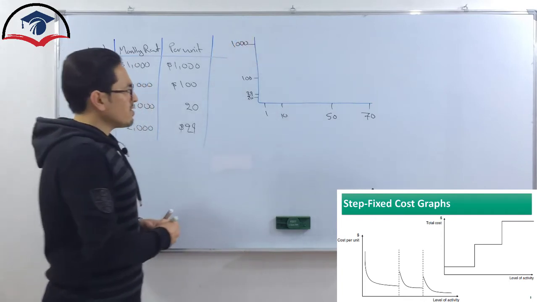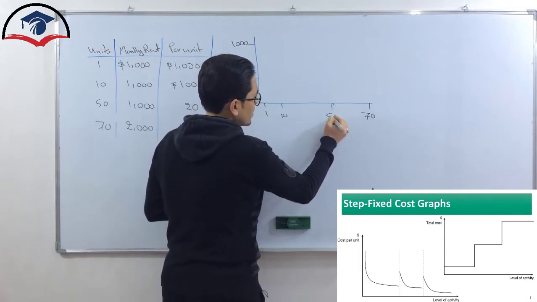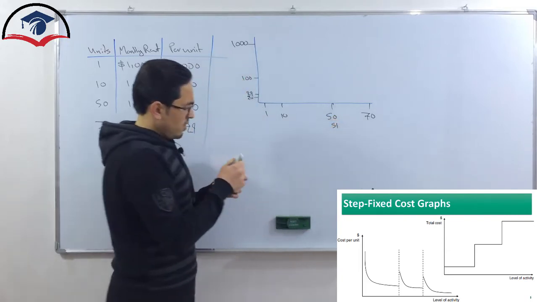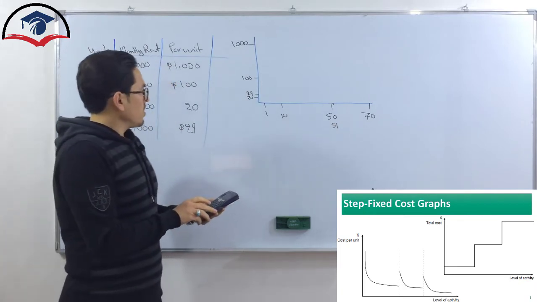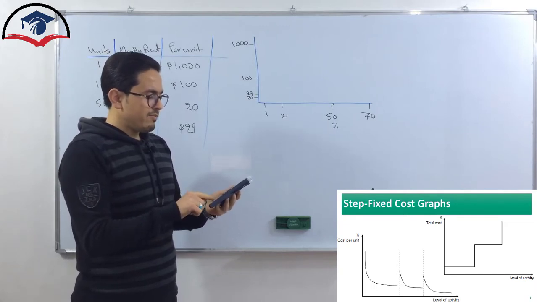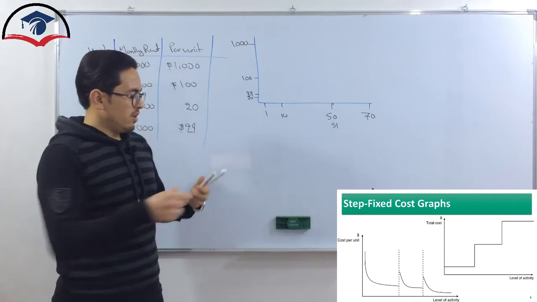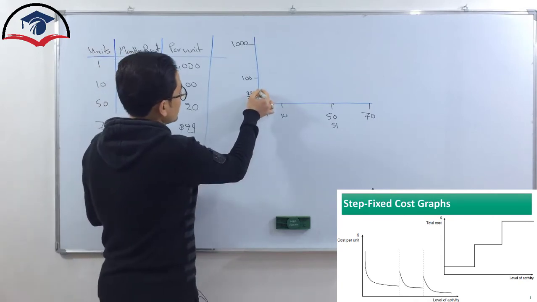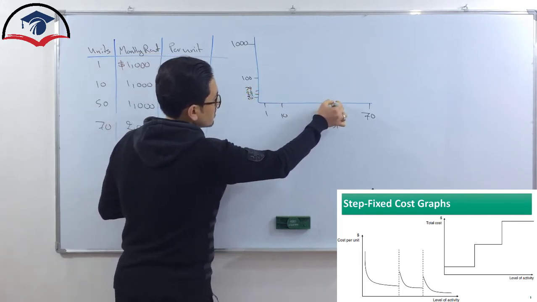What is going to happen? Let's find out. What about 51? If I have 51 students, what will be the cost? My calculator. $2,000 divided by 51 will be around $39. So let me draw that $39. We believe that's here.